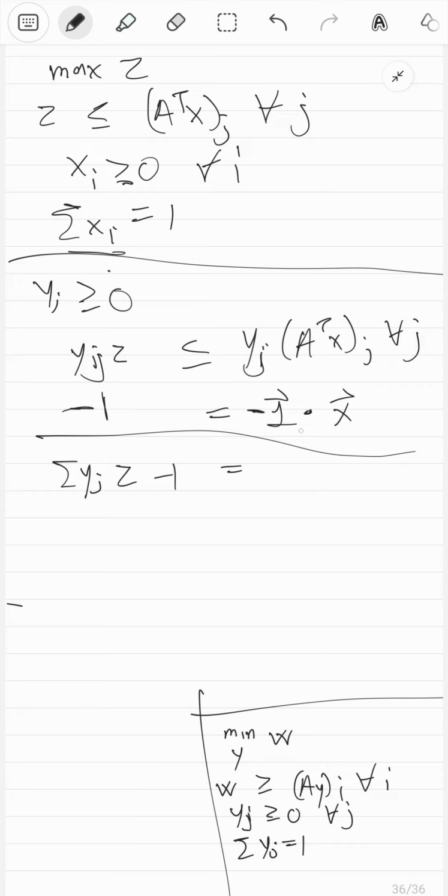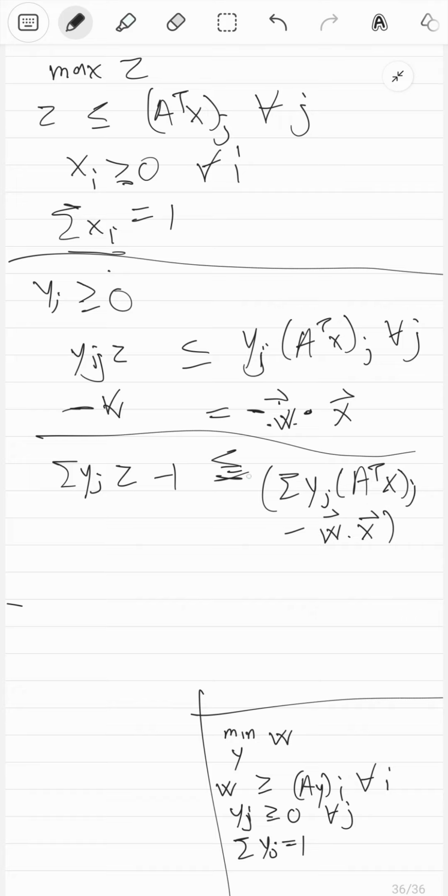Instead, let's not multiply this by 1, but rather by w, so this will be w times the 1 vector. We add all of this up, so this becomes the summation of yj (A transpose x) sub j, minus w times the 1 vector dotted with the x vector.